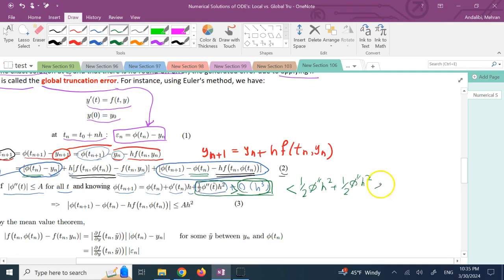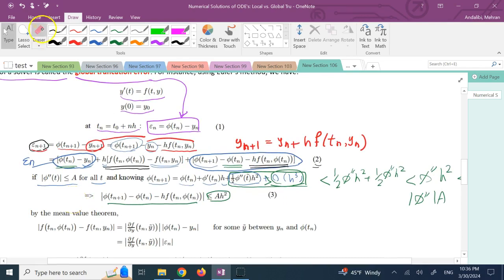So if we add them, this is just going to be phi double prime times h squared, and we know that the magnitude of phi double prime is less than a, so this is going to be less than a times h squared. And that is exactly what you can see here. So I can say that this third term in equation number 2 is less than or equal to a times h squared.